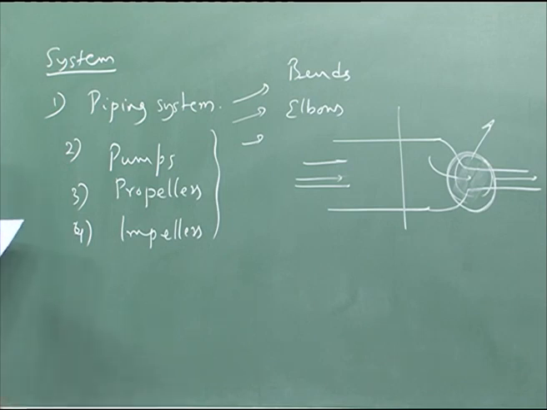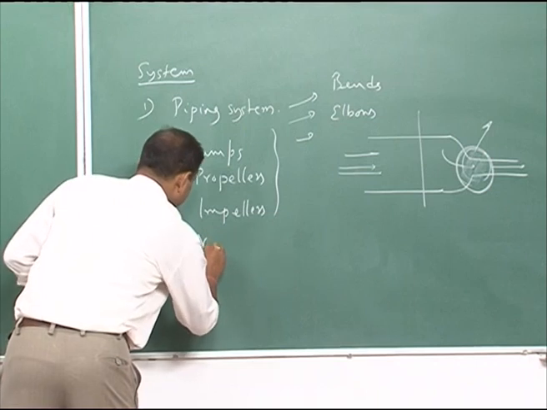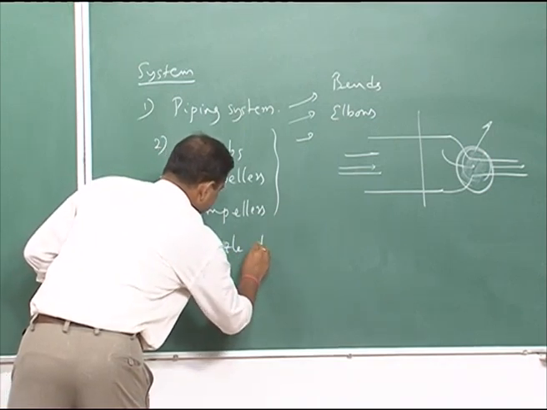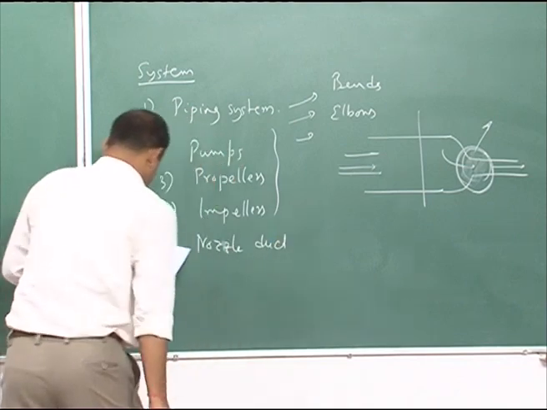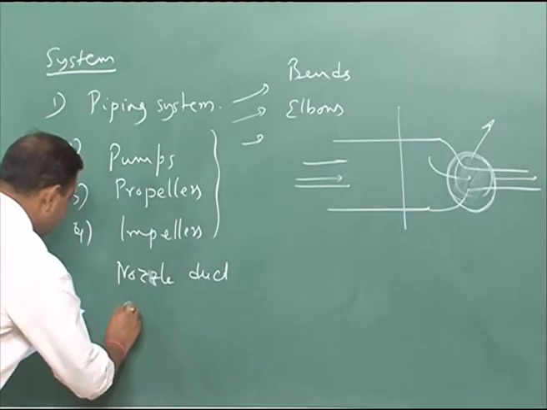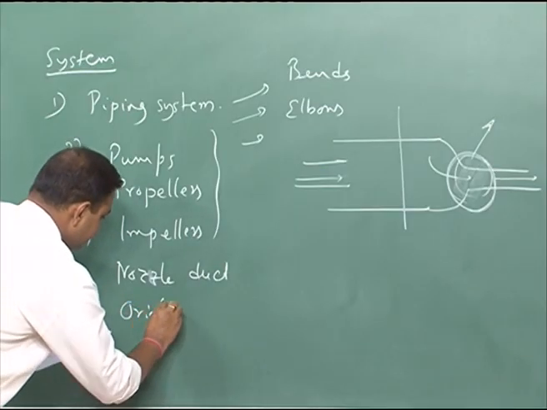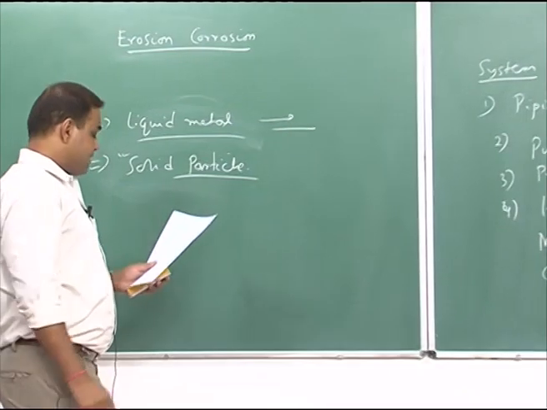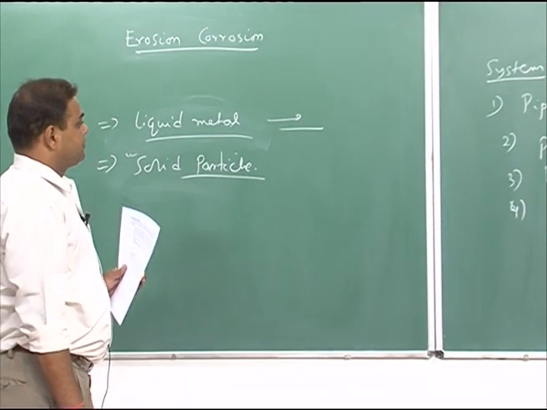Even nozzle ducts, then orifices, and even turbine blades, there we can experience erosion corrosion effect. So, these are the systems or situations where we can experience erosion corrosion effect.